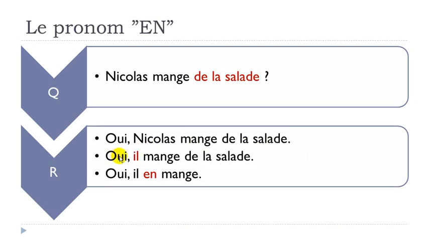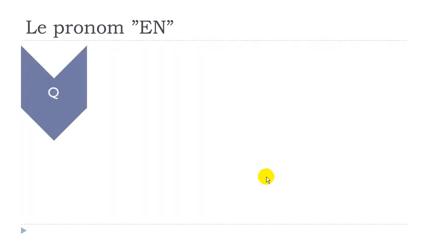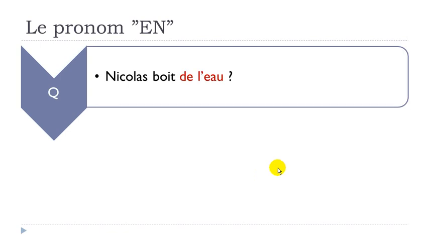Second option, you don't want to repeat Nicolas, oui, il mange de la salade. And the last option, you don't want to repeat either Nicolas nor de la salade, so you've got oui, il en mange. Okay, let's see now if you've got de l'eau.